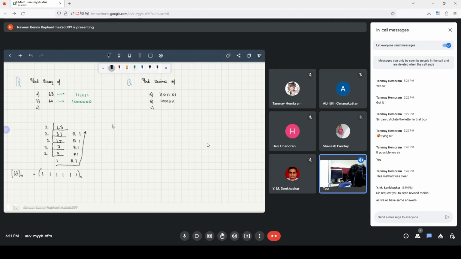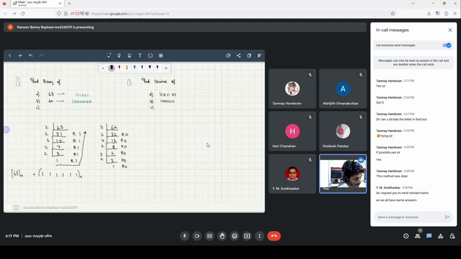Similarly, you can do it for 64, and we get 1 followed by 6 zeros, and that's what we had written earlier.